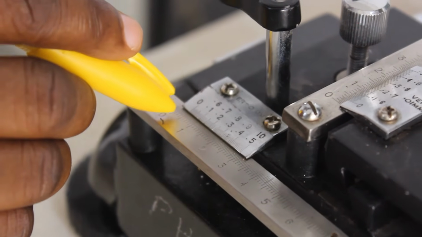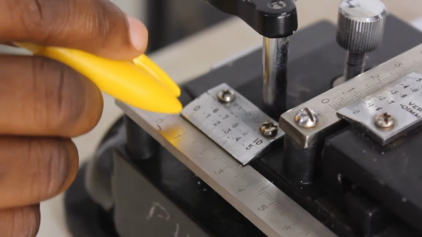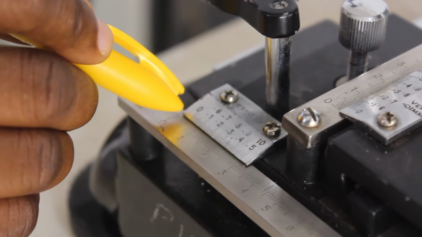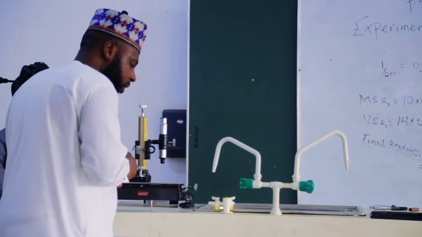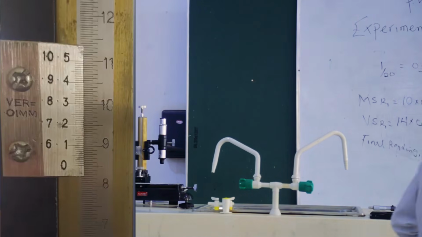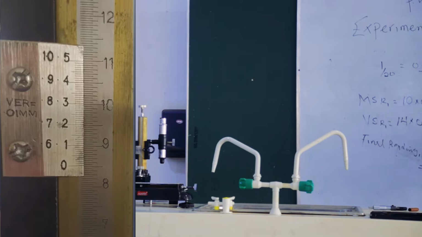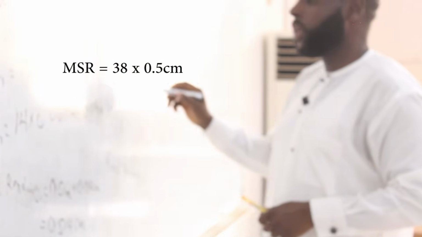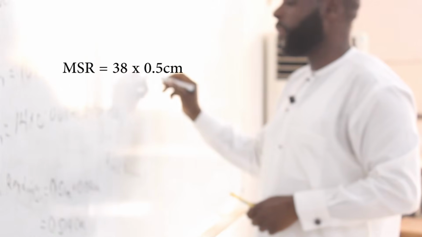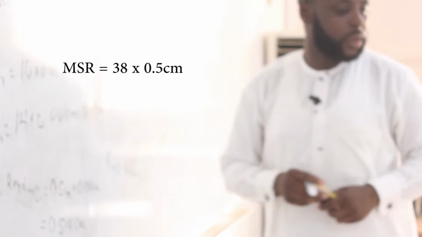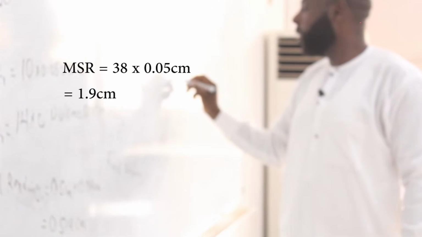So I'm seeing that the line is around the 38 marking from 0. So the 38 marking is going to be 38 times 0.05 centimeter, so that is 1.9 centimeter.